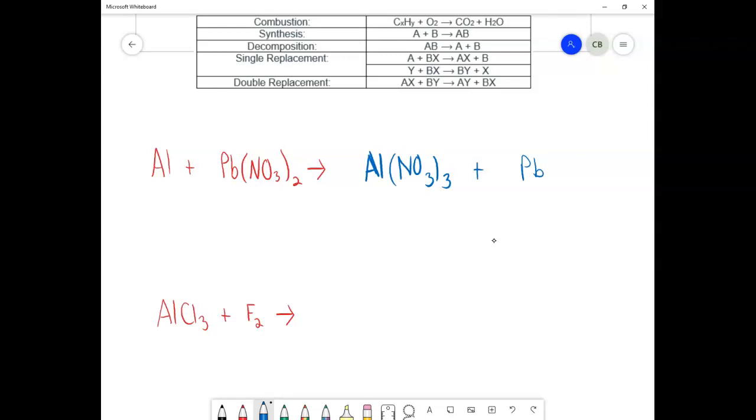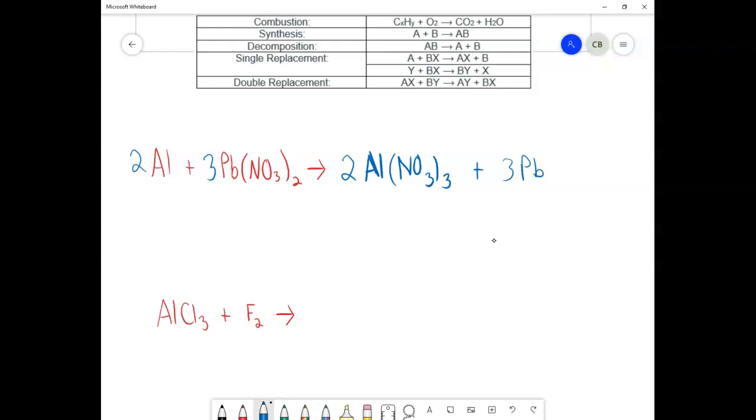Since this is 2 and this is 3, we can use 6 as our common factor for that, or those are the factors of 6. Therefore, I'm going to go ahead and put a 2 here and a 3 there. That will take care of my nitrates. And then we can just go back in and put our 2 for aluminum and then our 3 for lead. And that will take care of that.